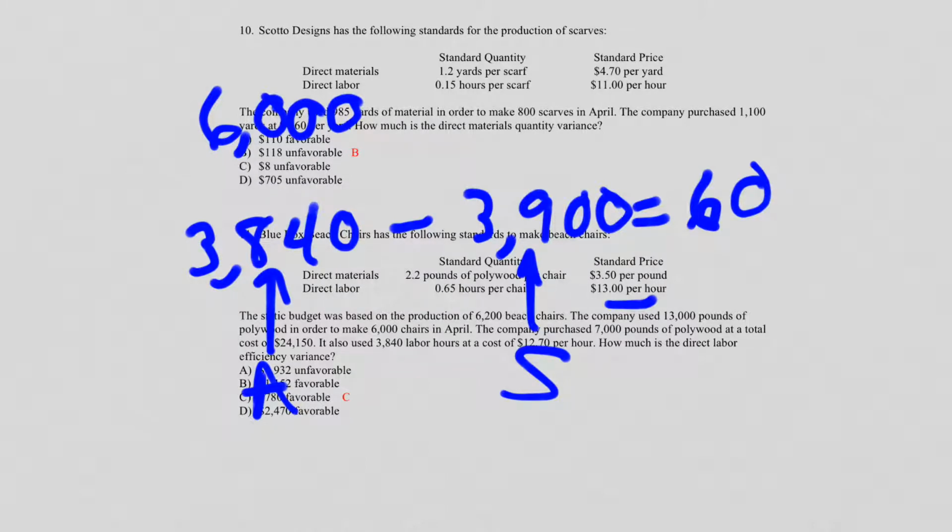Let's do the math. 60 times the budgeted rate gives us 780. And lo and behold, there you go. And again, notice that it's favorable. And we saw that up here immediately with the way the equation is looking. Pretty good. I might actually be able to pass this quiz myself this Sunday.